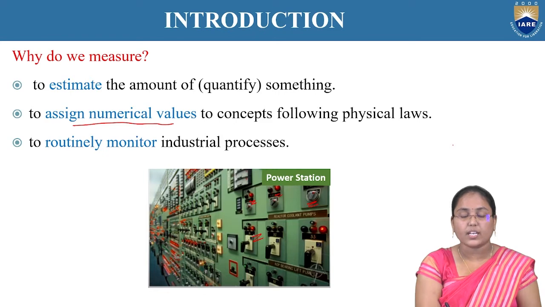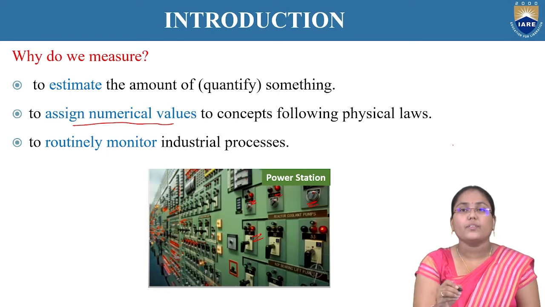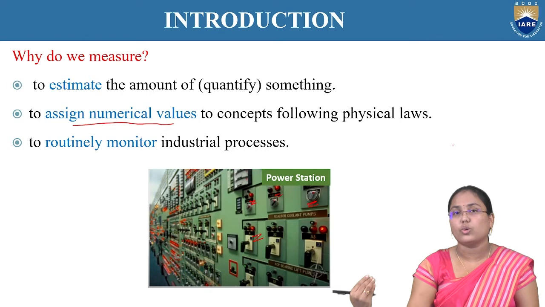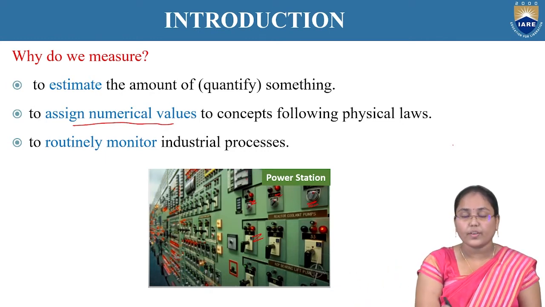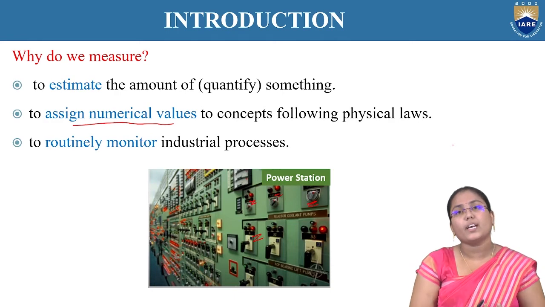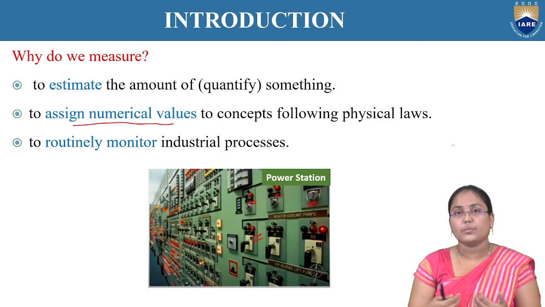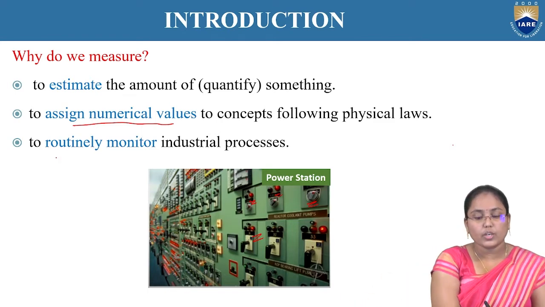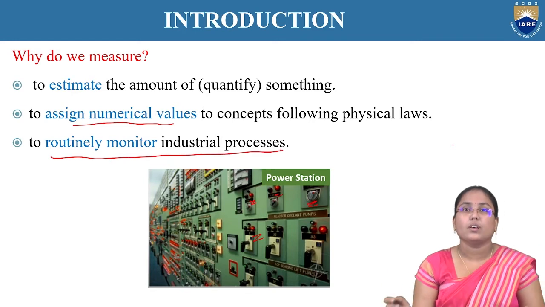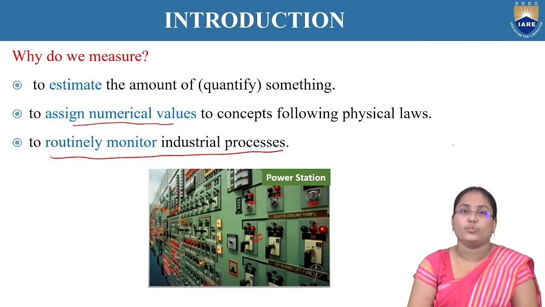As soon as this is off, we can say zero volts or zero watts is given to the instrument. So we have to make sure power is given to each and every component or equipment in the industry. So to routinely monitor industrial processes, we have to make measurements.